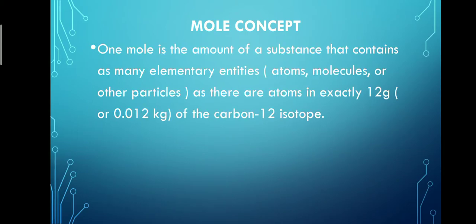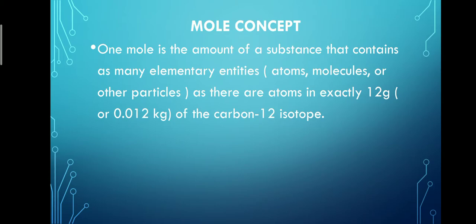1 mole is the amount of substance that contains as many elementary entities. The elementary entities can be atoms, molecules or other particles like ions, all those things. And as there are atoms in exactly 12 gram of the carbon 12 isotope.